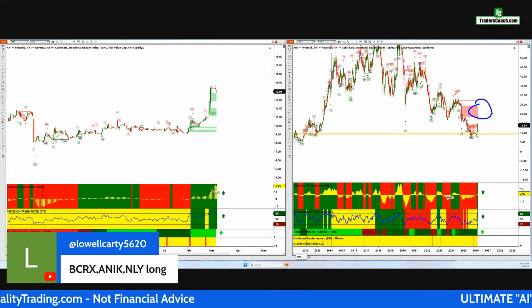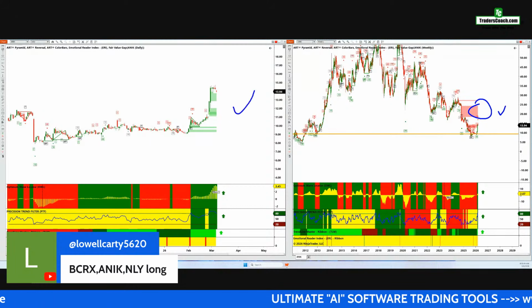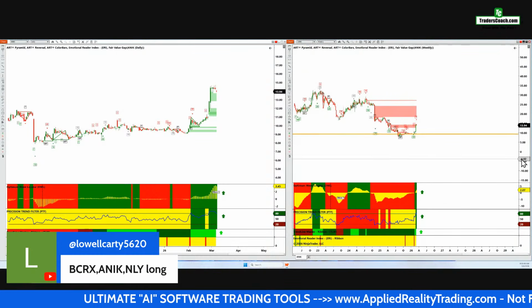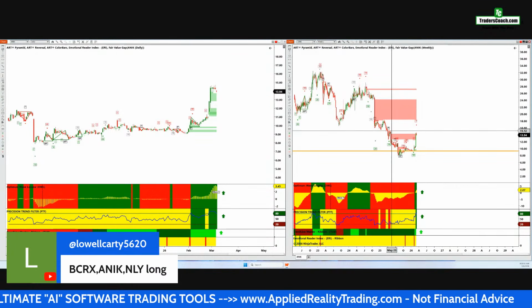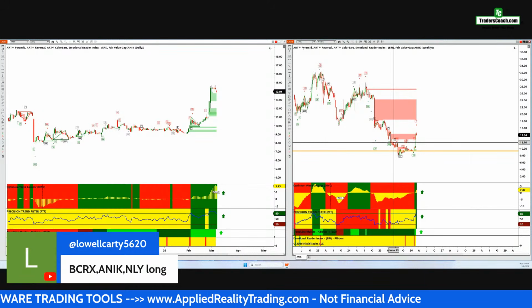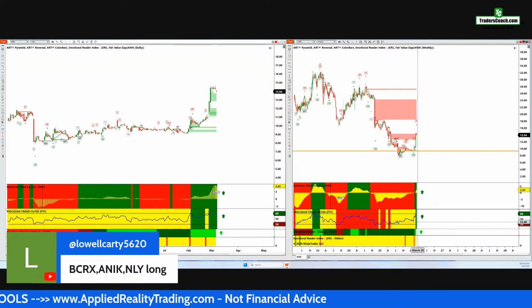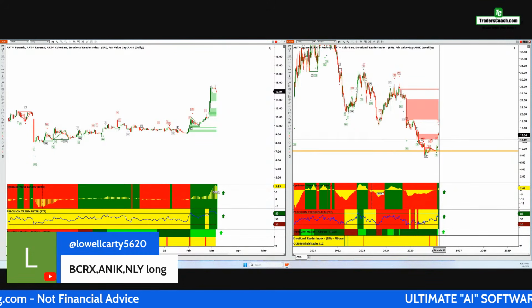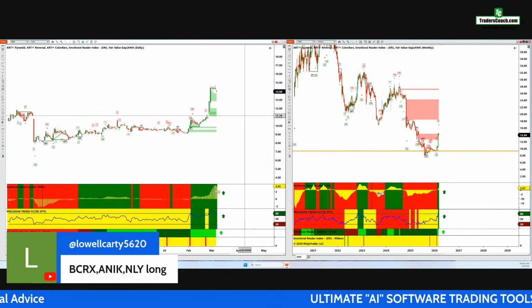Got to get through this. We do have a change in structure on the daily. We kind of got to get above here, but we did have a little change in structure, which matches the daily. So I think it's worth the trade. Kind of a breakaway here, and another gap here.